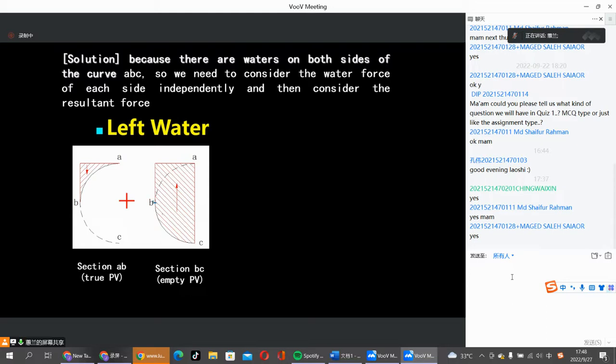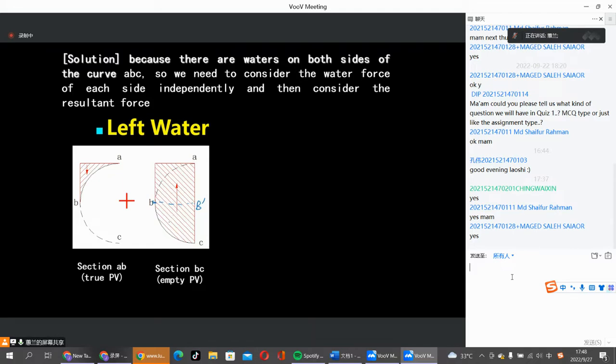How about BC? For the section BC, you can just isolate BB'C, use this isolated fluid block, draw the FBD, use the equation of equilibrium, and you will obtain the same answer.